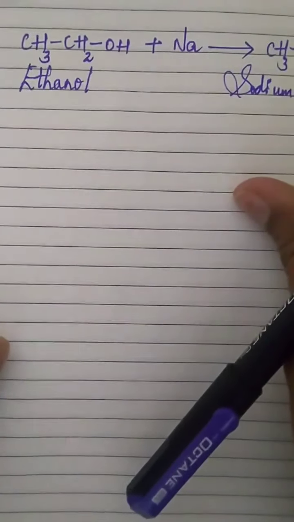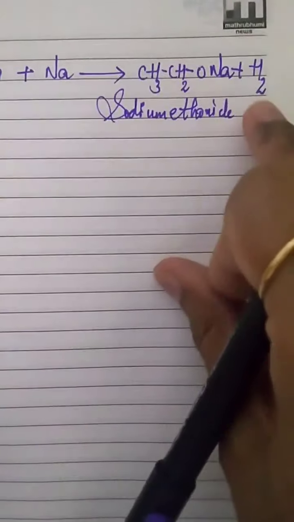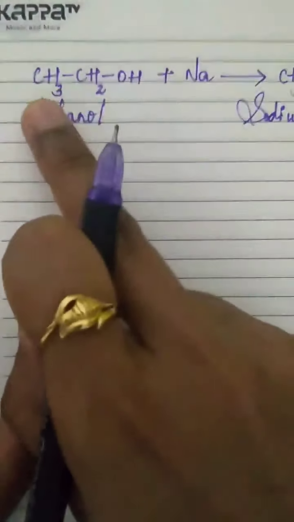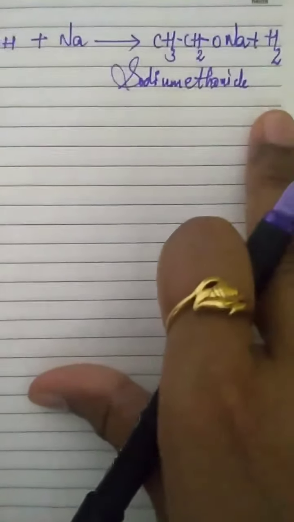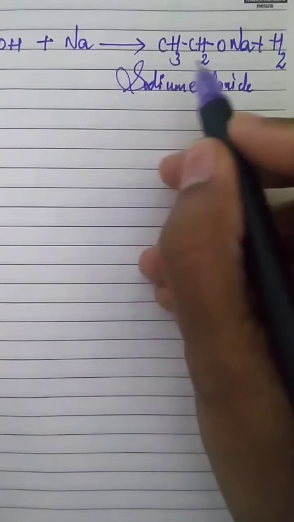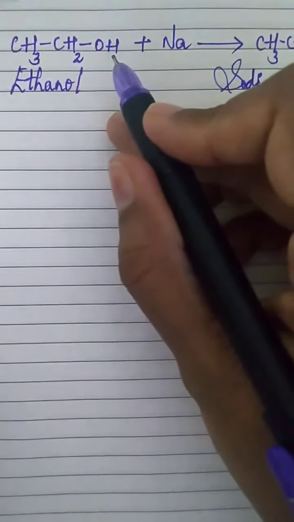CH3CH2OH plus Na. As you can see here, hydrogen is 5 and 1, whereas here you have only 5 and 1, 6. What about oxygen? Oxygen only 1, this side also 1. Carbon 1, so the problem is with hydrogen. 5, 1, 6, and here you have only 5 plus 1, 6.